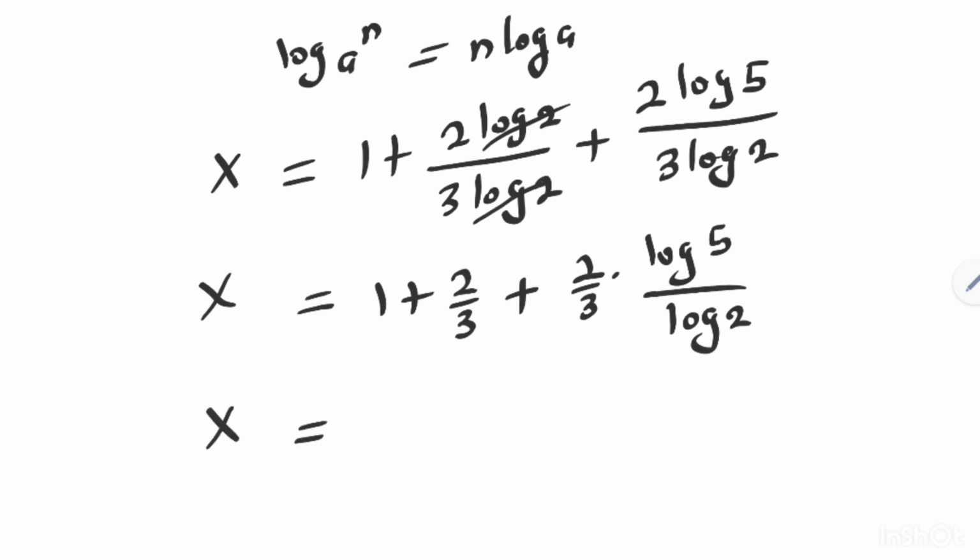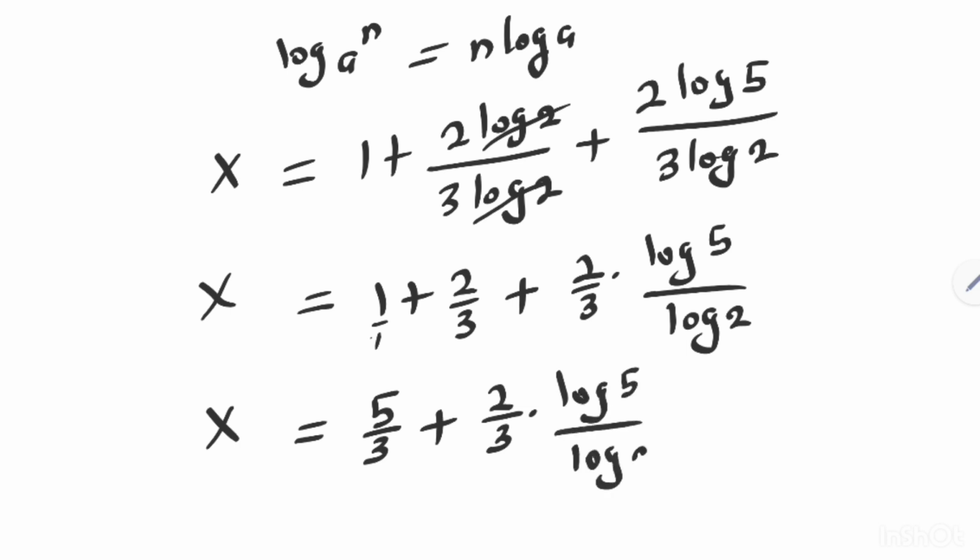x is equal to, here we have, this is over 1. The LCM is 3. 1 and 3, 3. 3 times 1, 3 plus 2, that is 5. 5 over 3 plus 2 over 3 multiplied by log 5 over log 2.